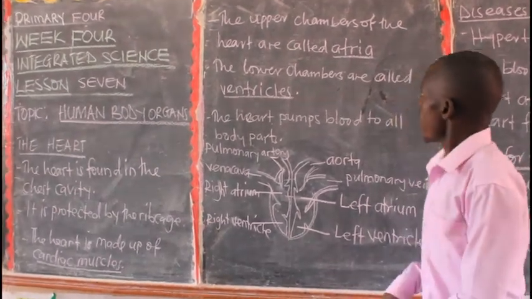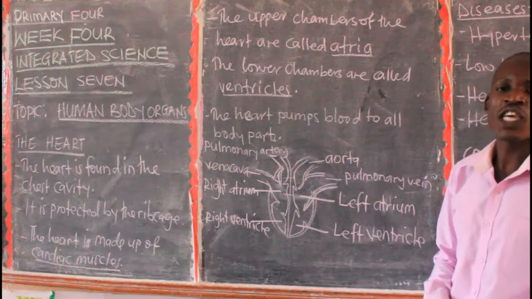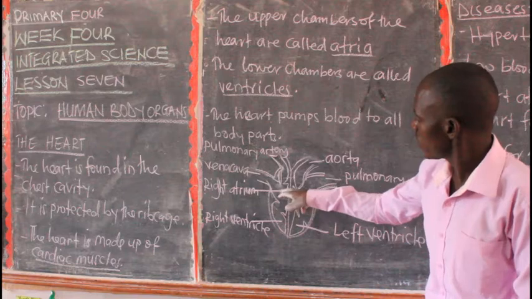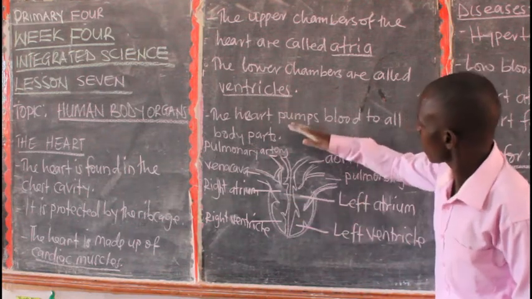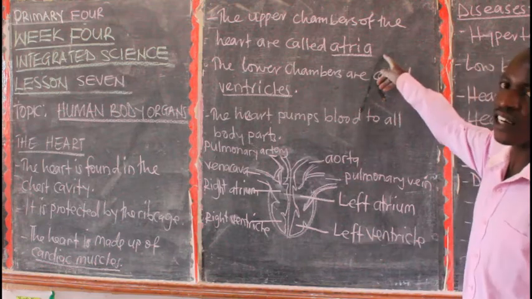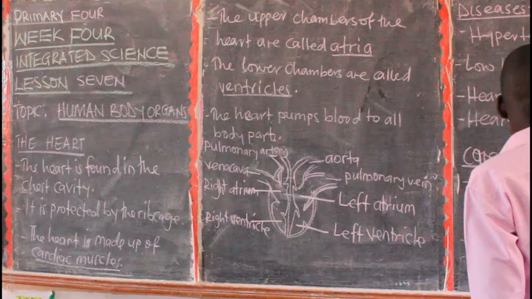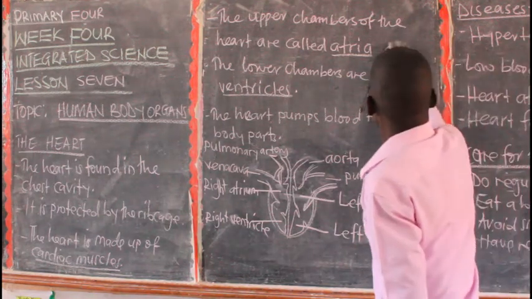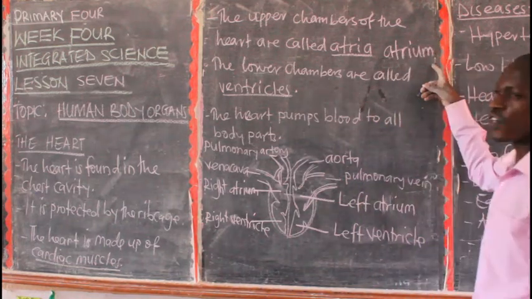When you look at the heart, it is divided into 4 chambers. These upper 2 chambers are what we call the atria. If it is one, it is called an atrium.